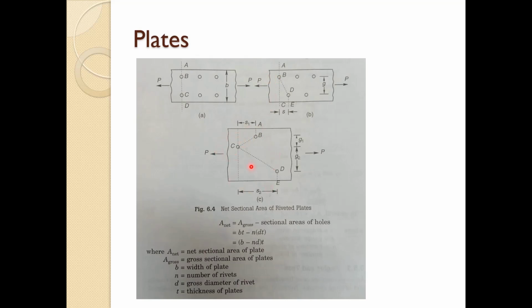Consider this case, where s1 is the distance between the rivet b and c, and s2 is the distance between c and d rivet. Also g1 and g2 are the distances between b and c, one along the direction of the force and the other across the direction of force.